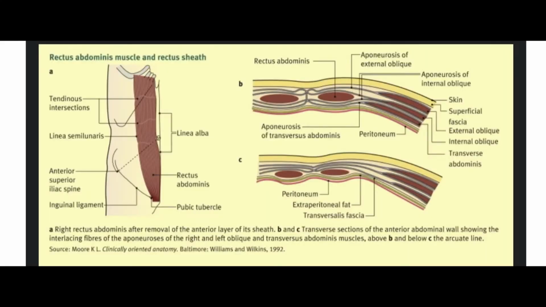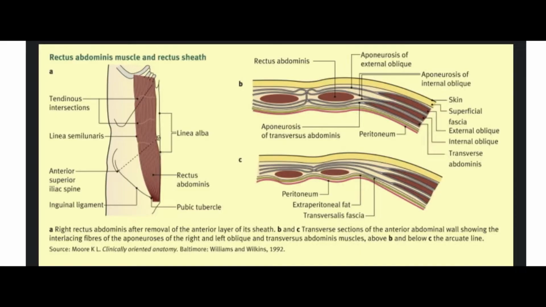So the first layer is the skin, and the skin on the anterior abdominal wall is thin when compared to that at the posterior abdominal wall. The skin on the anterior abdominal wall has lines, called the Langer lines or the cleavage lines. These lines run horizontally, and they are formed by collagen fibers within the dermis.